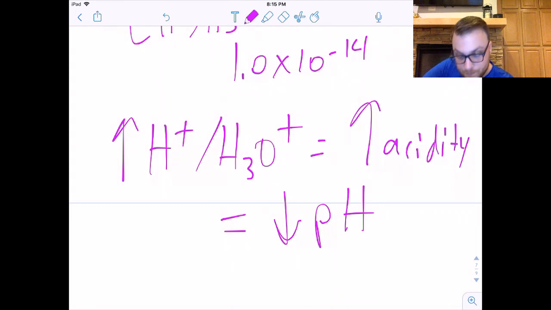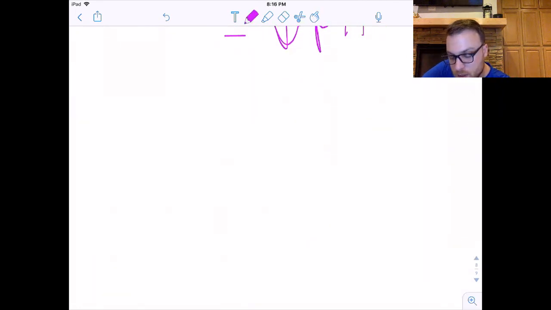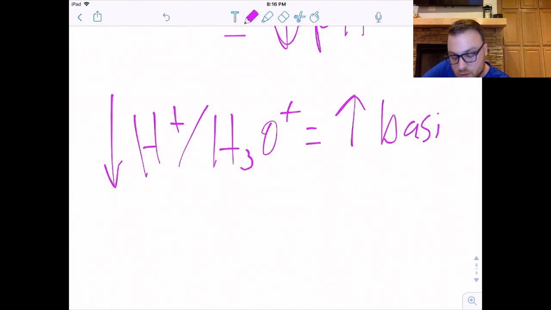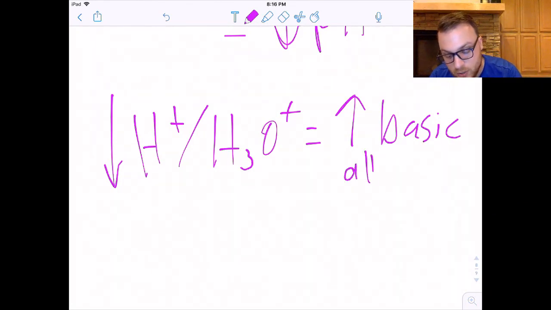Conversely, if you decrease your H plus or H3O plus, you're becoming less acidic, which means your solution is gaining more, I don't want to say basicity. The word for this is alkalinity. It's becoming more alkaline.